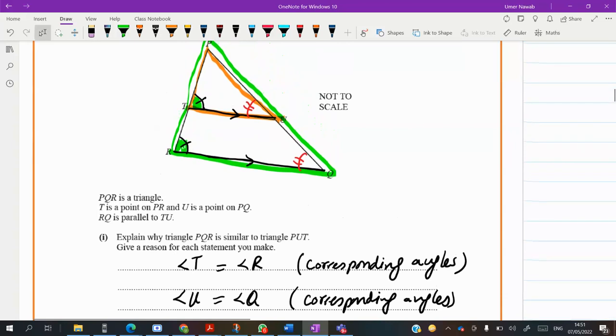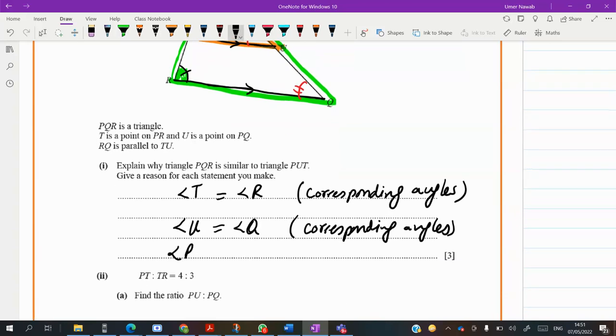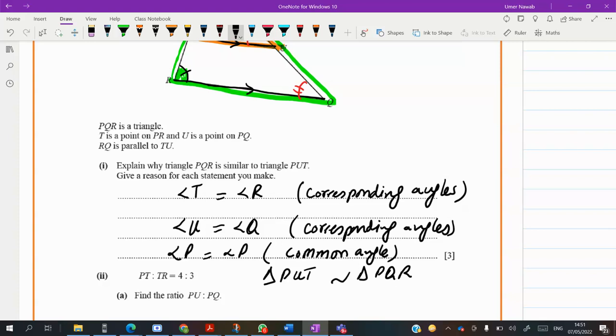And the third one is a common angle. Angle P is equal to angle P, which is a common angle. When the two angles are same of one triangle with the other, then we say that triangle PUT is similar to triangle PQR.